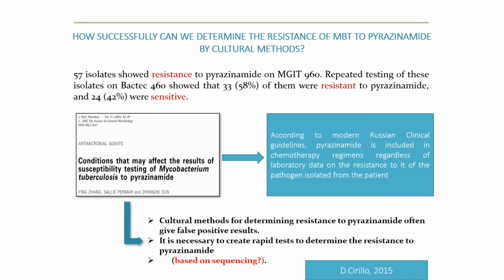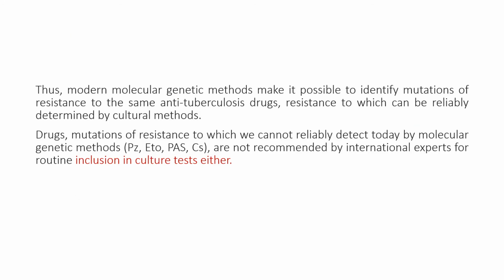Culture methods for determining resistance to pyrazinamide often give false positive results. It is necessary to create rapid tests to determine the resistance to pyrazinamide. Thus, modern molecular genetic methods make it possible to identify mutations of resistance to the same anti-tuberculosis drugs, resistance to which can be reliably determined by culture methods.